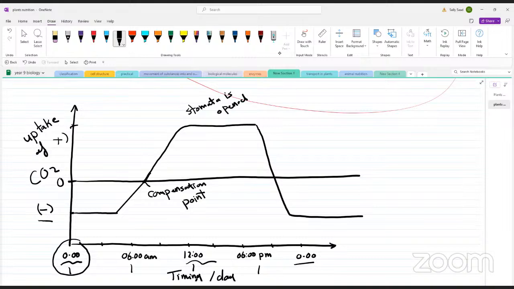But here it's a positive uptake because the plant at high light intensity at the noon time has a high rate of photosynthesis, more than the rate of respiration.